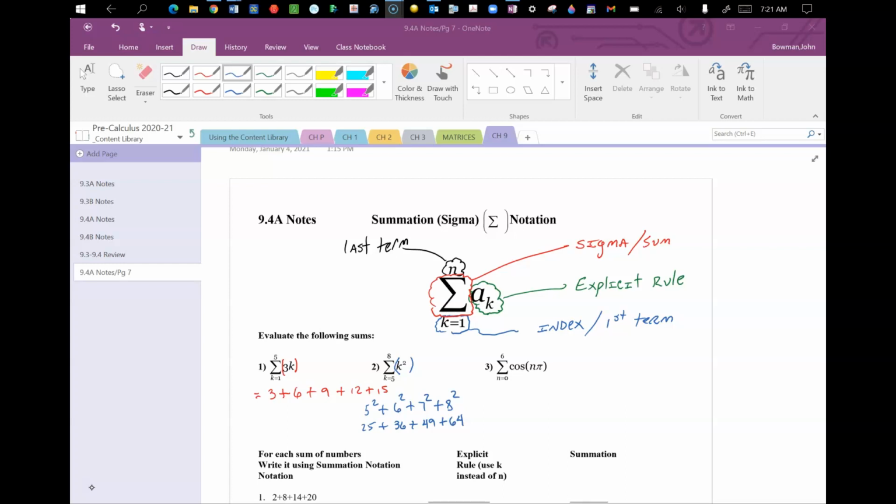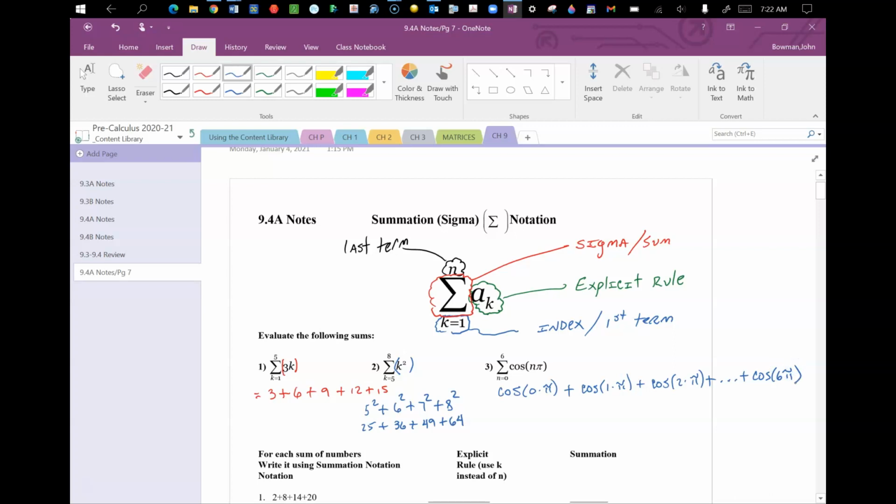So the first term in our series is going to be the cosine of 0 times pi, plus the cosine of 1 times pi, plus the cosine of 2 times pi, plus dot dot dot all the way out to the cosine of 6 times pi.